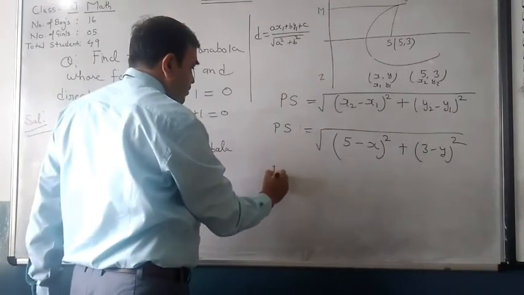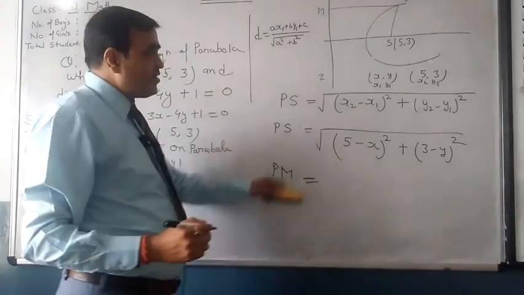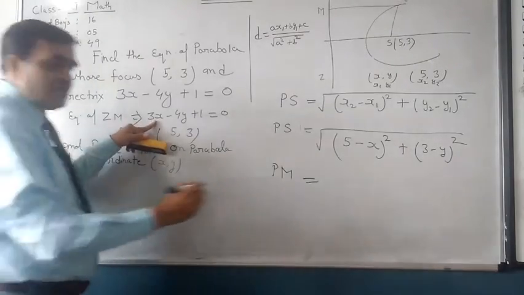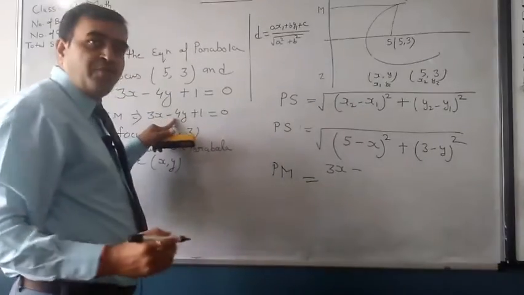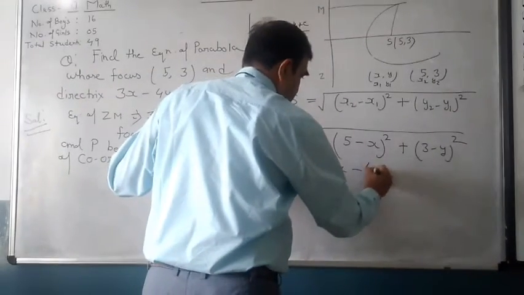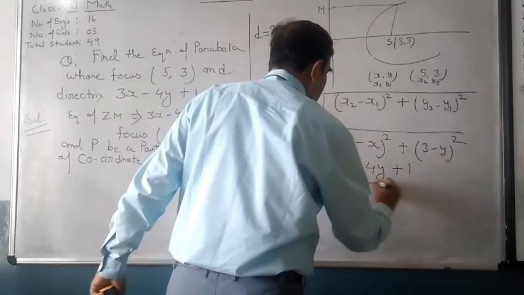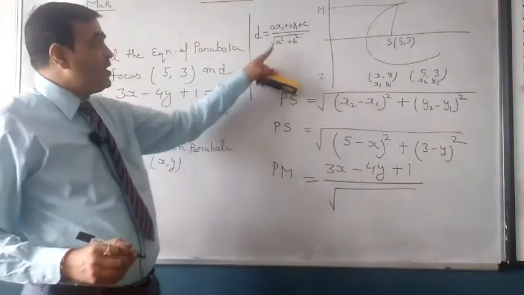Therefore PM is equal to (3x minus 4y plus 1) upon under root a square plus b square.